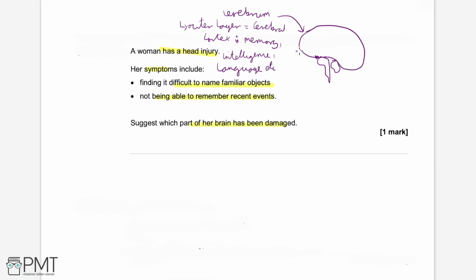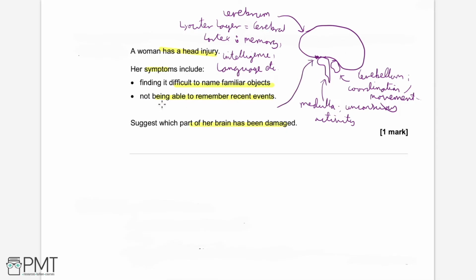Here we have the medulla, which is concerned with unconscious functions, such as breathing and heart rate. Next to this, we have the cerebellum, also known as the mini brain. Now, this controls coordination and movement. And finally, we have the hypothalamus, a small section of the brain that detects and controls the temperature and the water levels and is of vital importance for homeostasis.